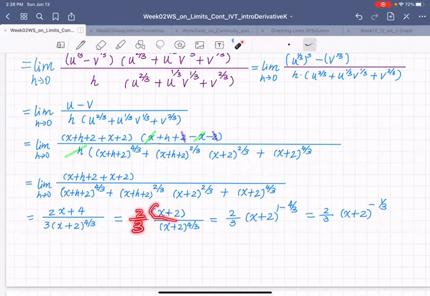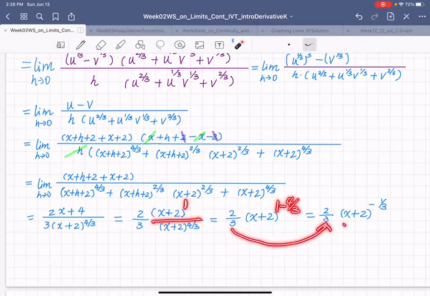And this is x plus 2. This is x plus 2 to the power 4/3. So this is 2/3. Here is 1. Divided by this, you do 1 minus 4/3. You copy down here. This is x plus 2 to the power of -1/3. That's the answer.